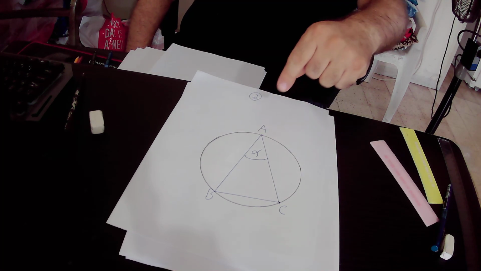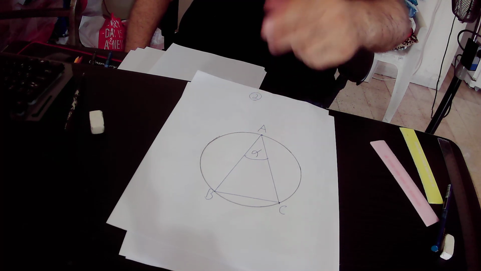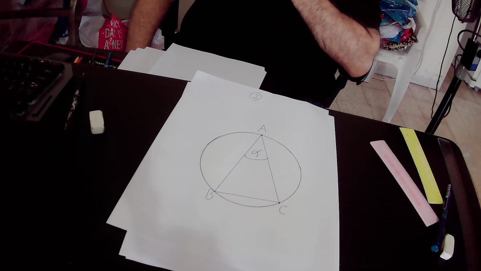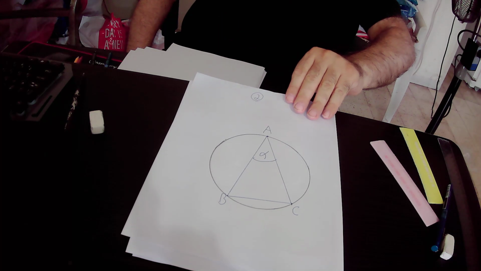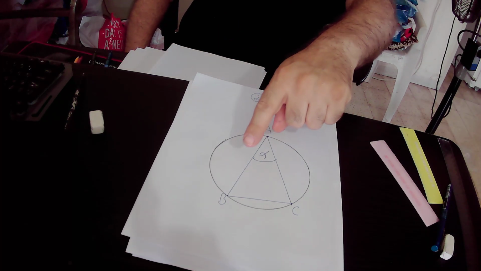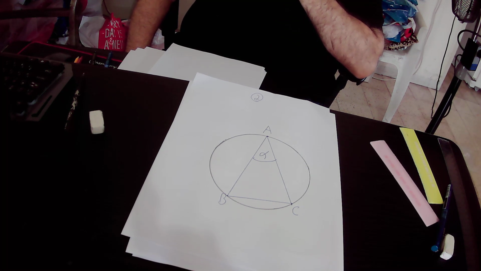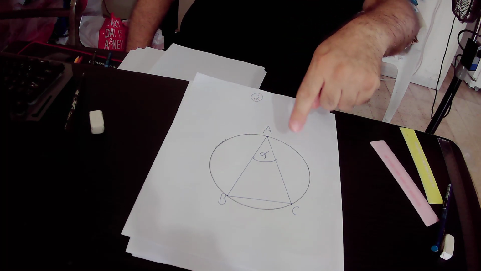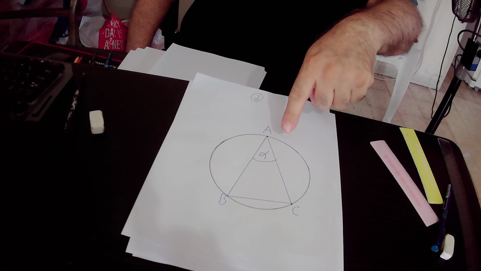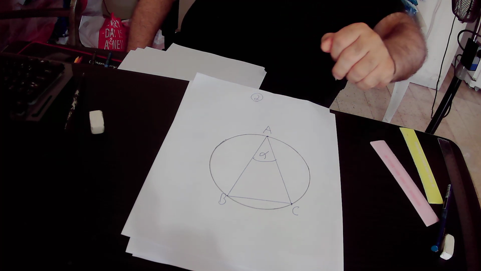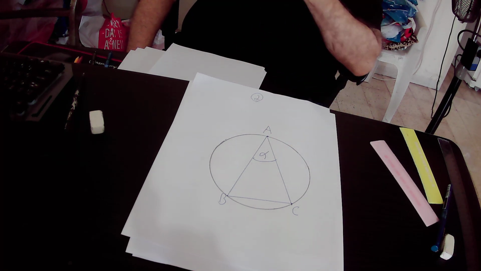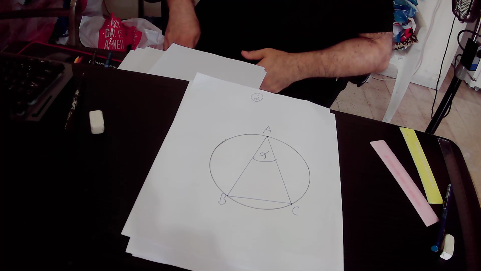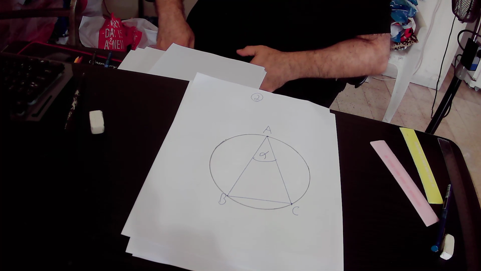Side AB of angle alpha is a chord in this circle, and also side AC of angle alpha is a chord in this circle, and actually angle alpha rests on chord BC. So for that reason, angle alpha is a peripheral angle.